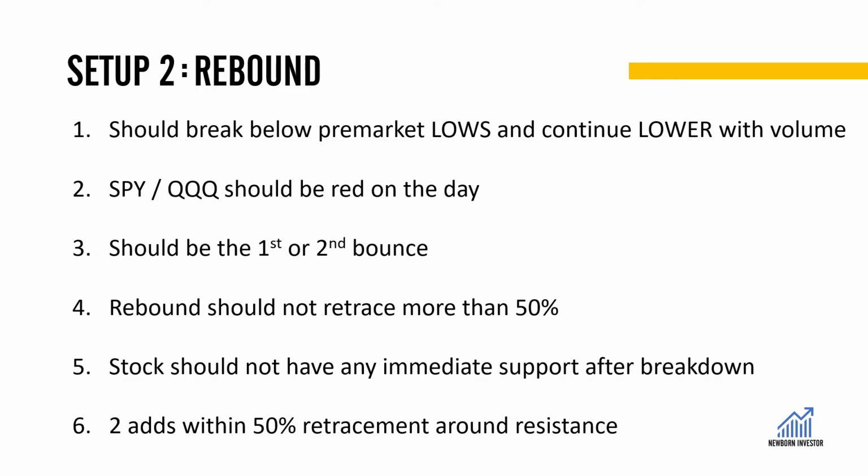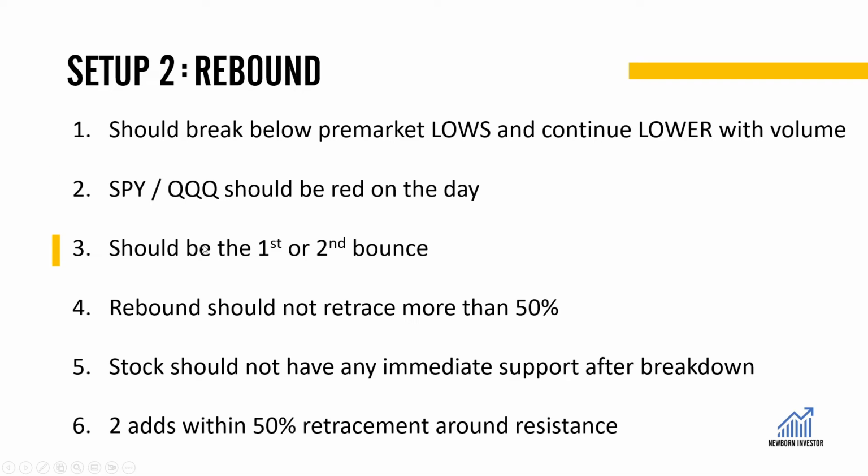Now, the rebound setup is exactly the opposite. In the first setup, pullback, we were buying calls, but on the rebound setup, we will be buying puts. So what are the conditions for rebound setup? It should break the pre-market lows and continue lower with volume. SPY and QQQ should be red on the day, and it should be the first or second bounce.